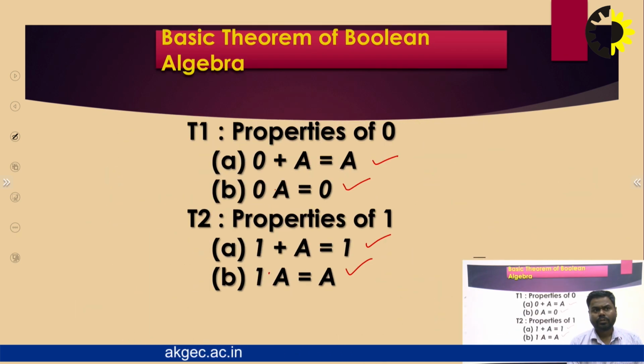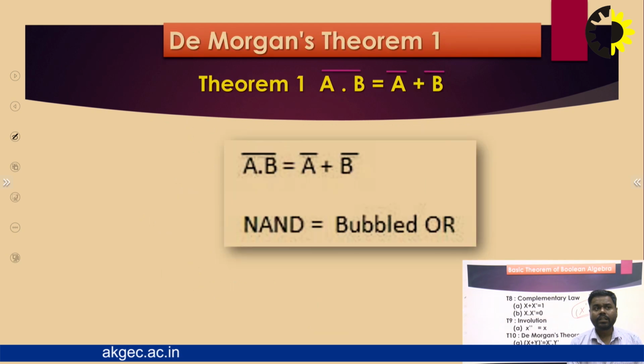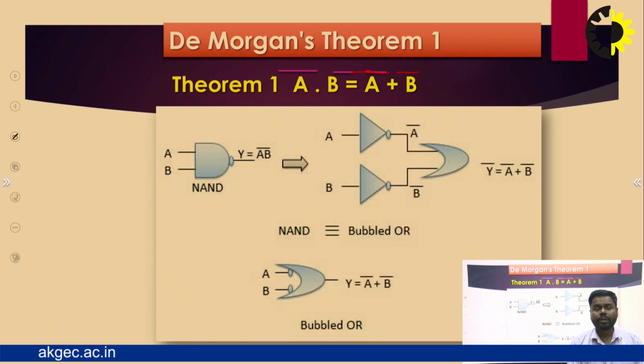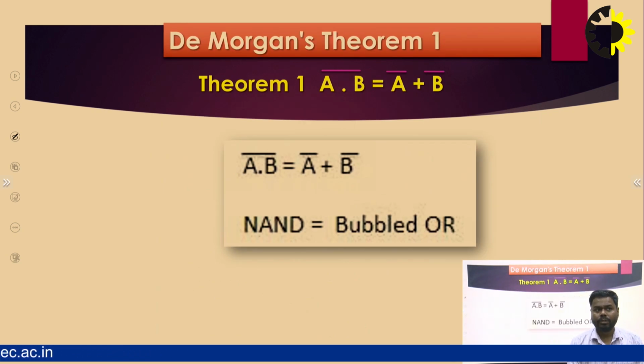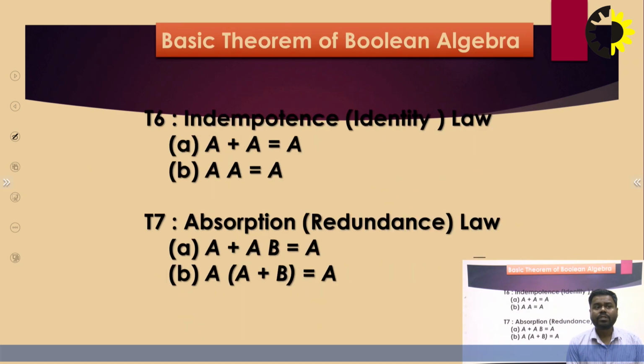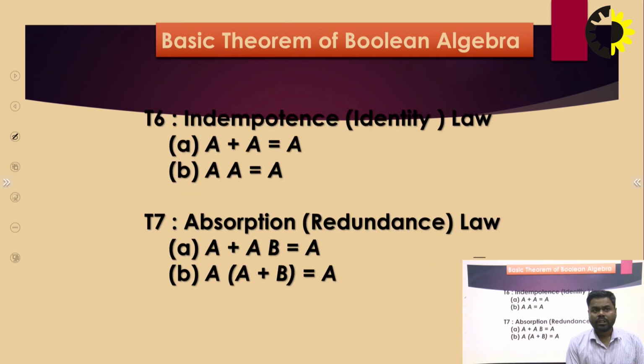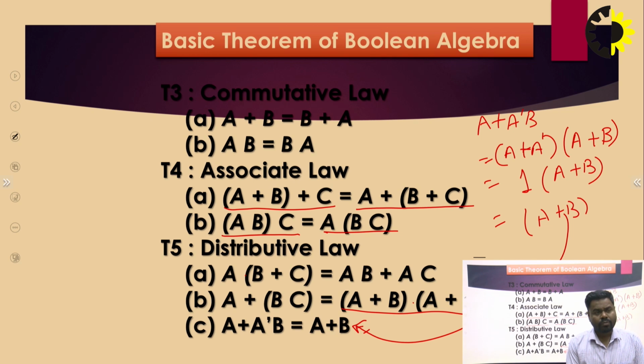These are the theorems you have. I have taken only one theorem, De Morgan's theorem. These are the basics, and you can solve all the others by yourself and match the values of LHS and RHS.